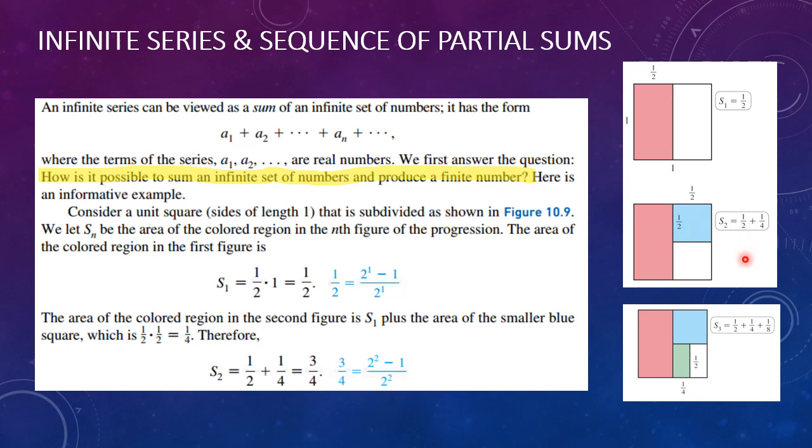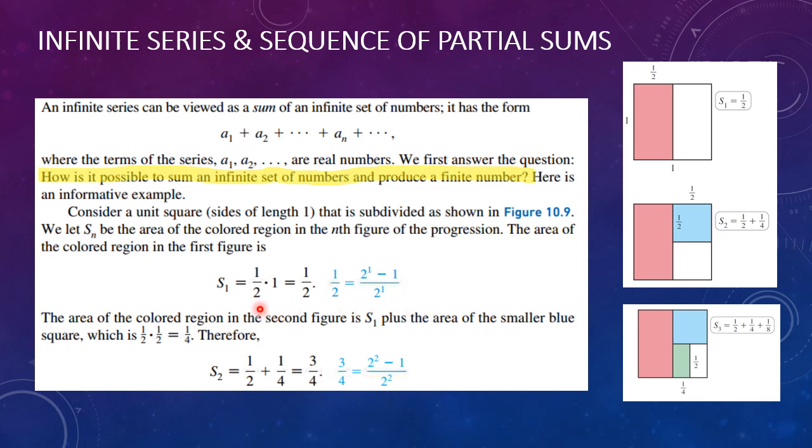If we did it again, then S sub 3 equals the 1/2 plus the 1/4, and then of course half of 1/4 is 1/8, which we see here. Now the challenge is to move from this visual to figuring out a formula or an expression for the sequence, the series.